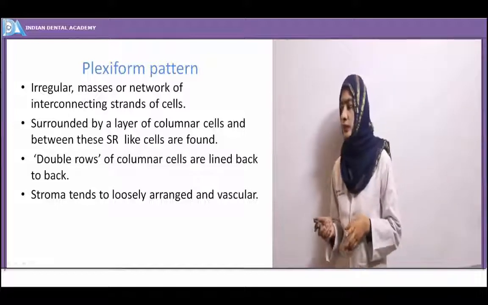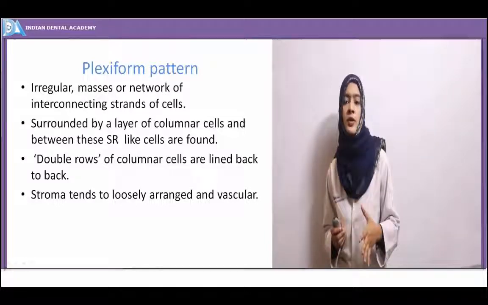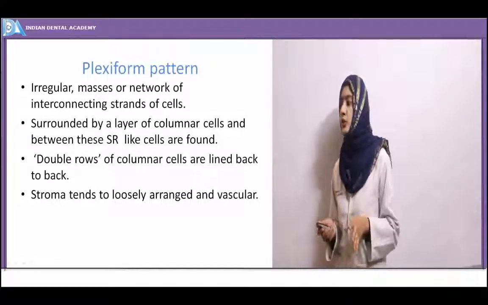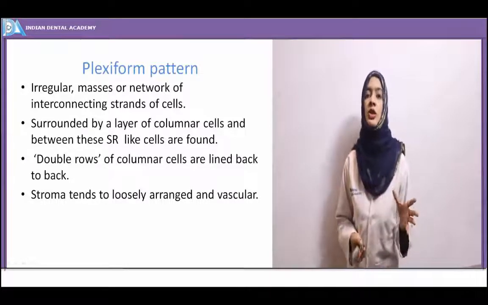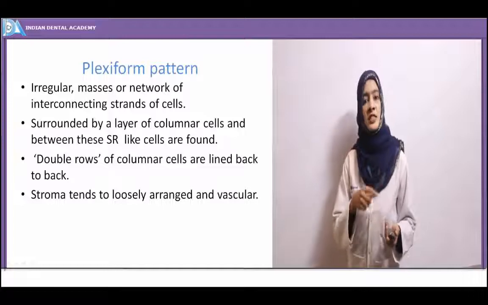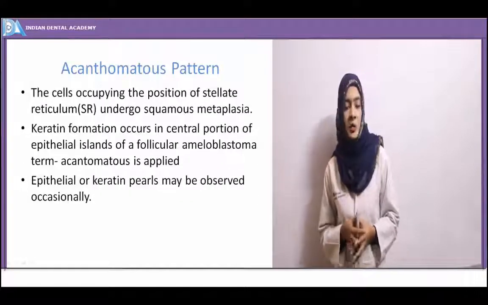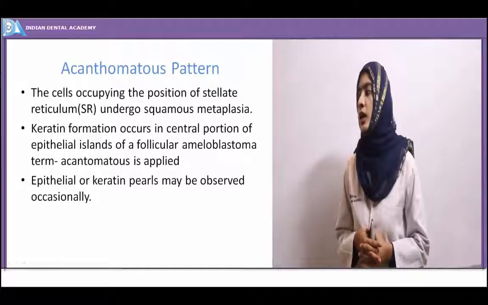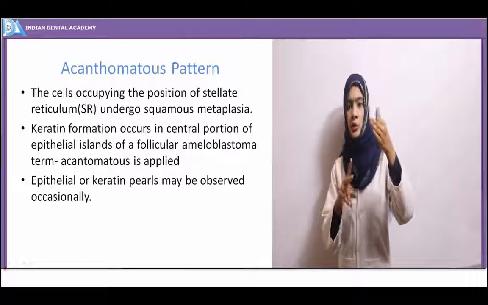The stroma is very loosely arranged and is vascular or hypovascular in nature. So the plexiform pattern, also known as fishnet pattern, is similar to the follicular pattern, the only difference being the interconnecting strands of odontogenic epithelium.